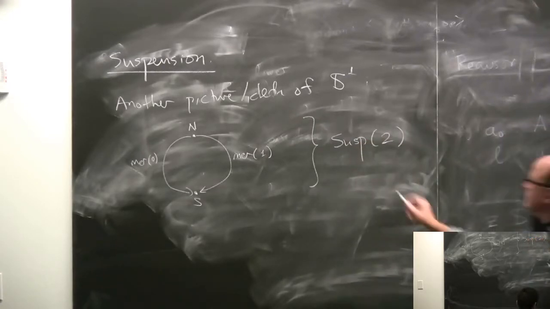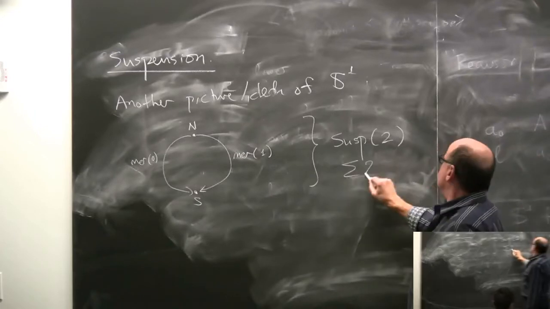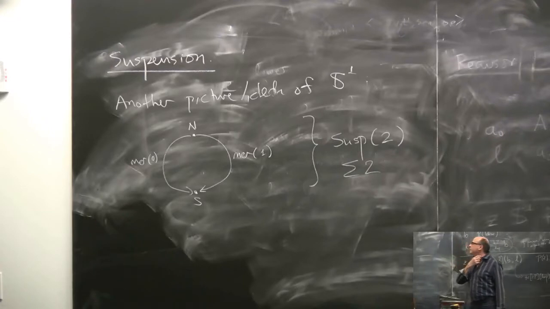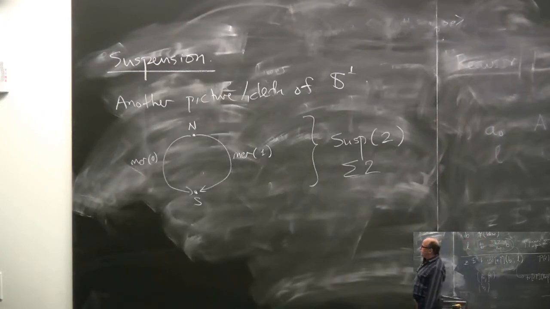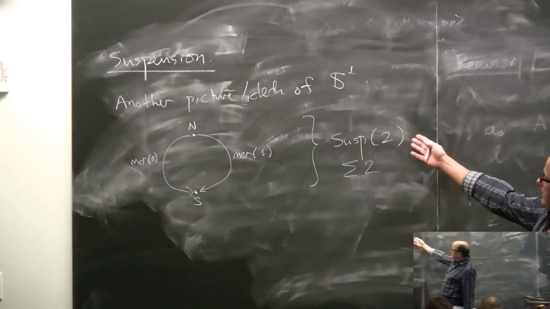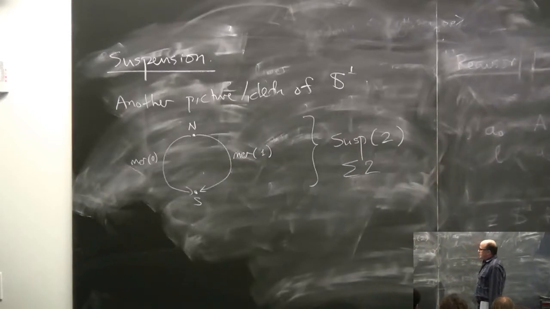Normally this is called sigma 2, and that's perfectly fine as long as you're not using sigmas all the time for other things. So I'd rather not do that. It's just unavoidable, so I'll call it susp of 2, and that will look ugly to people who like the other one. Anyway, that will be called the suspension of 2.